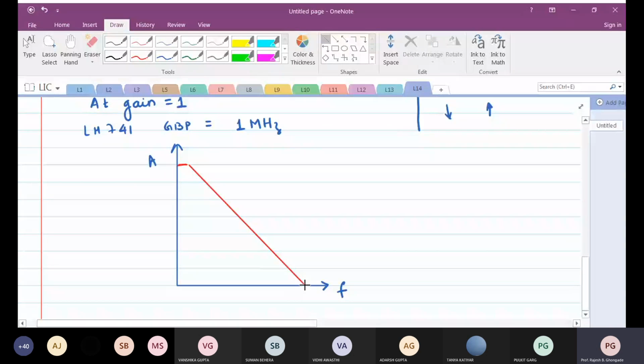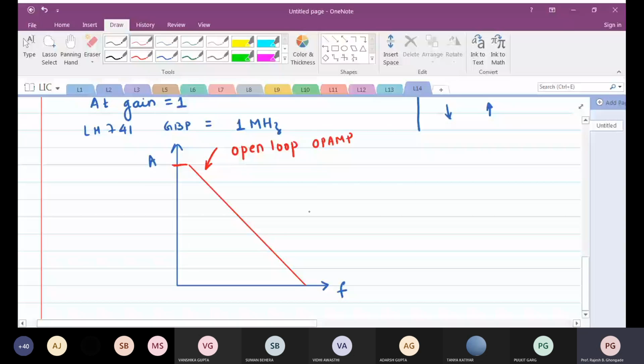This is the frequency response. You'll see that the bandwidth is very less. This is for open loop. This gain is very high, but the bandwidth is very less.